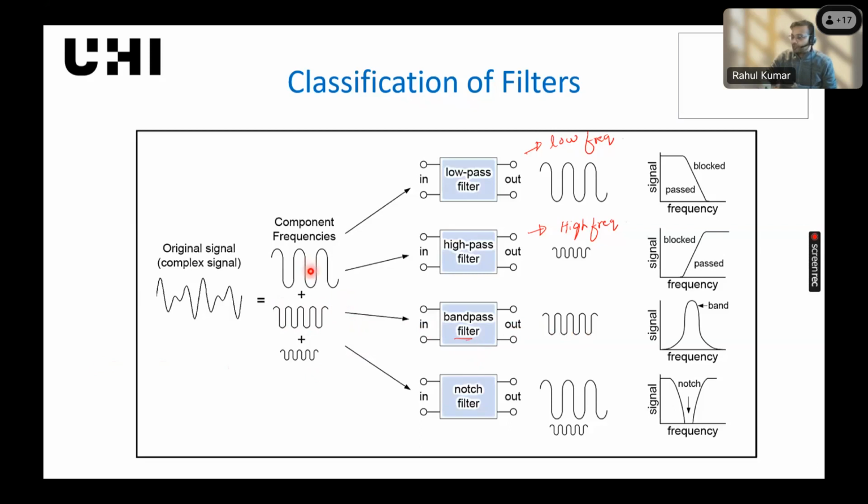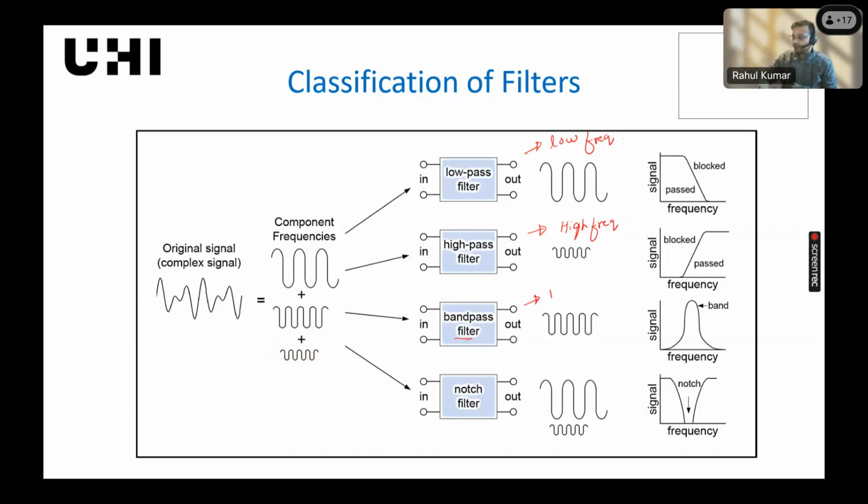And it will remove any frequencies above that, any frequency higher than this range of frequency, and any frequency lower than that. Okay. So basically, as the name suggests, band pass will only allow a band of frequency.